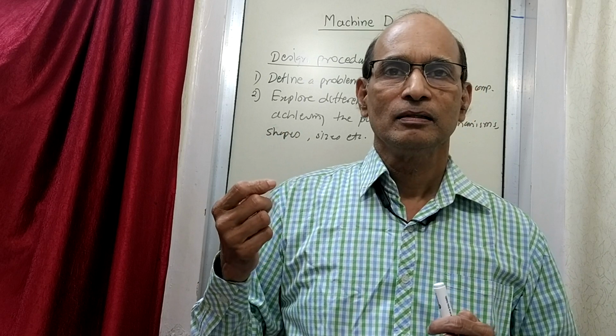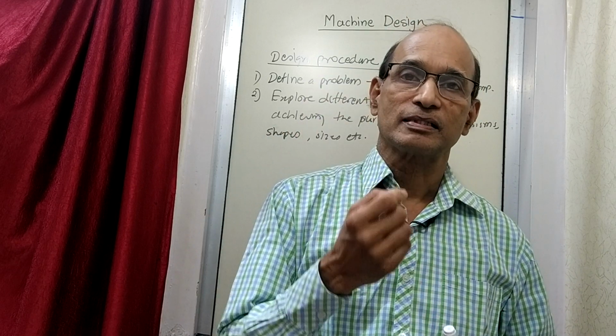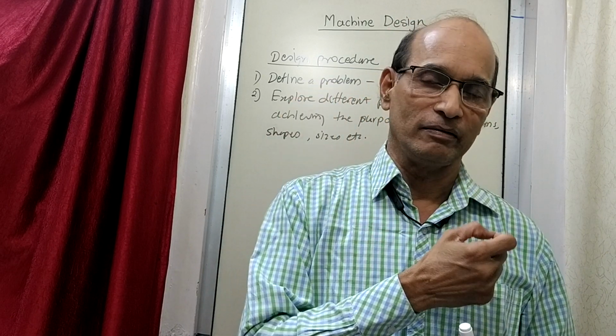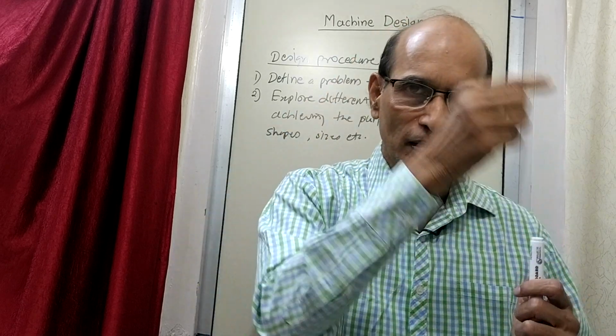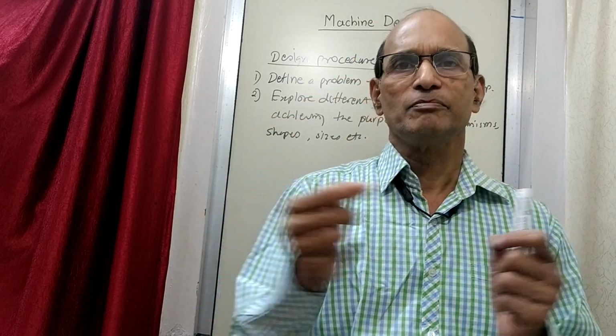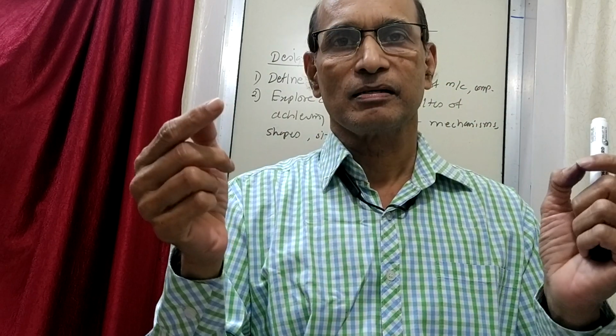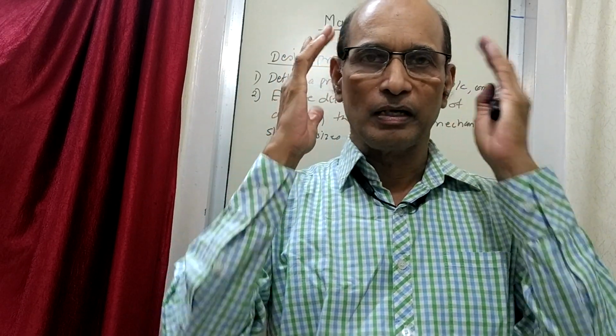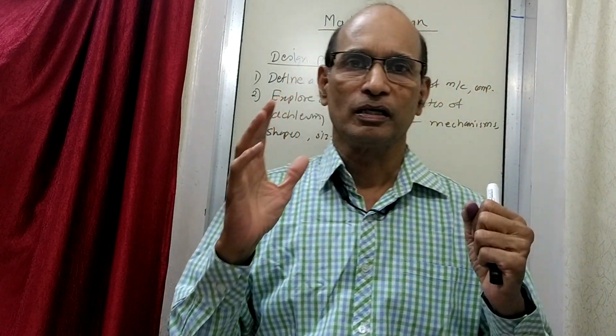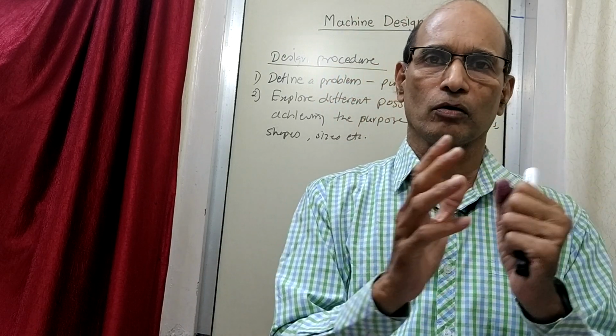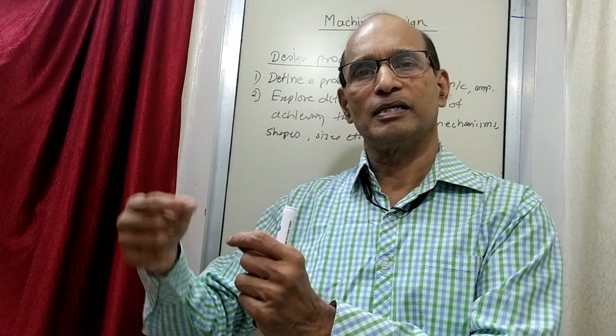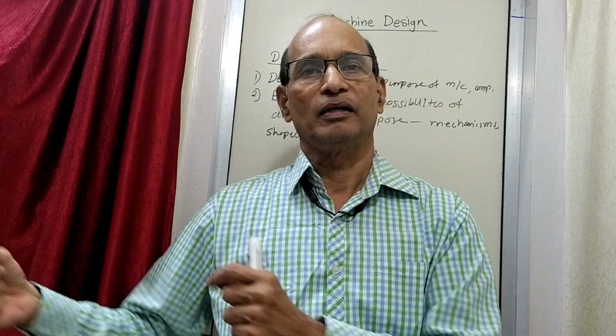Why sketches? Because sketching is a very, very fast activity. You just think, can it be done like this? The sketch becomes very fast. You can prepare the sketch and then imagine how it looks, whether it is okay or not. If not, immediately you can make changes, prepare another sketch and think over it.